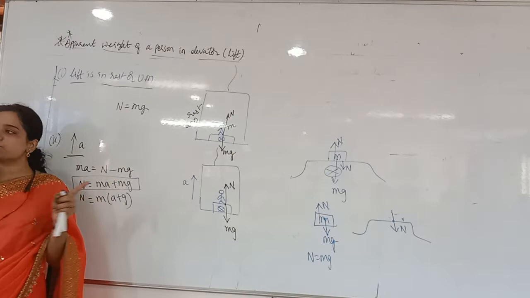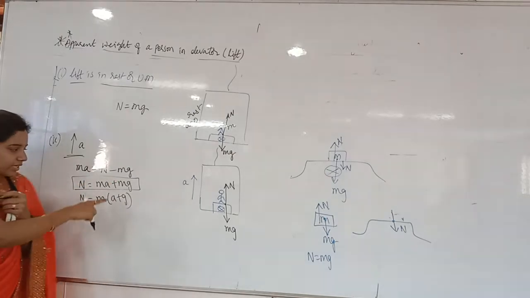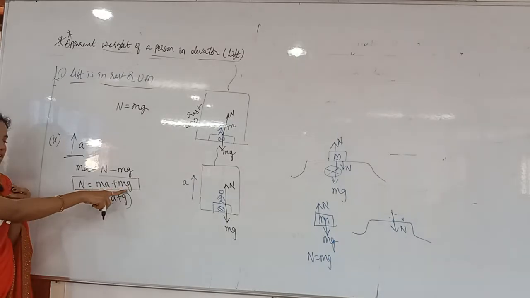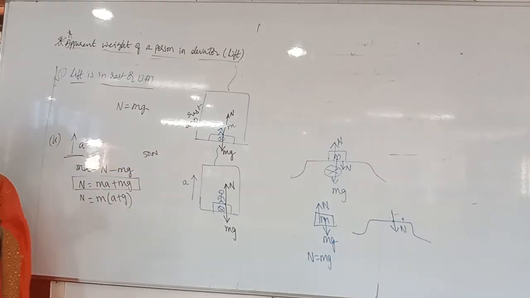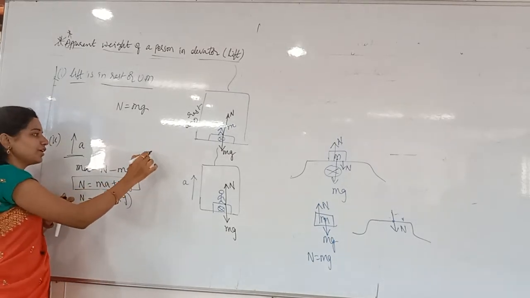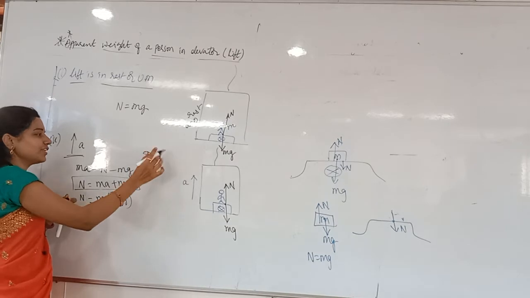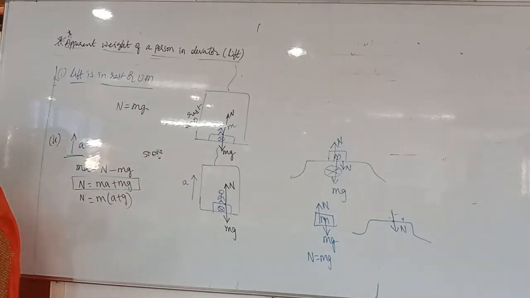So whenever the lift is moving upwards, you are saying that more weight will be there. More weight is there or not there? Yes, mg is the original weight. Let me take 50 kg as the person's mass, otherwise 500 newtons is the person's weight.